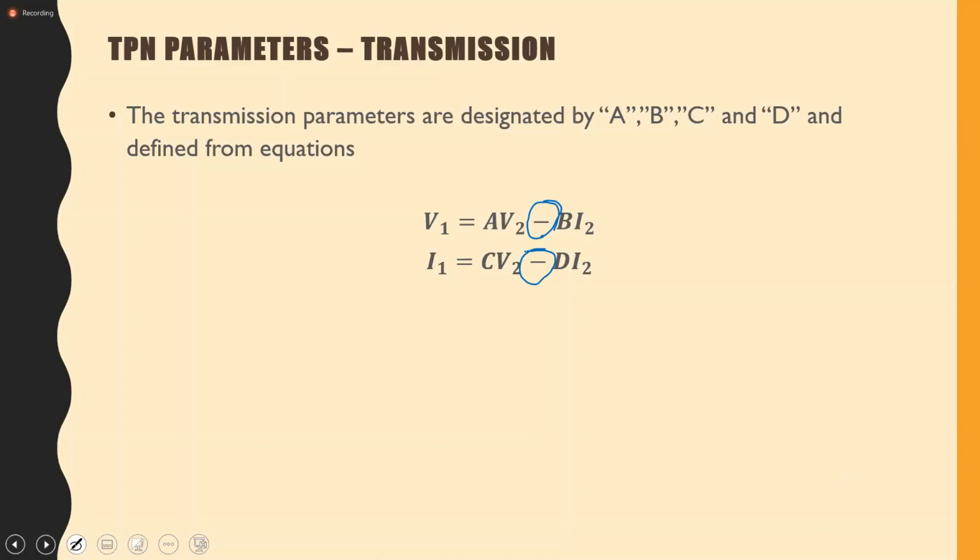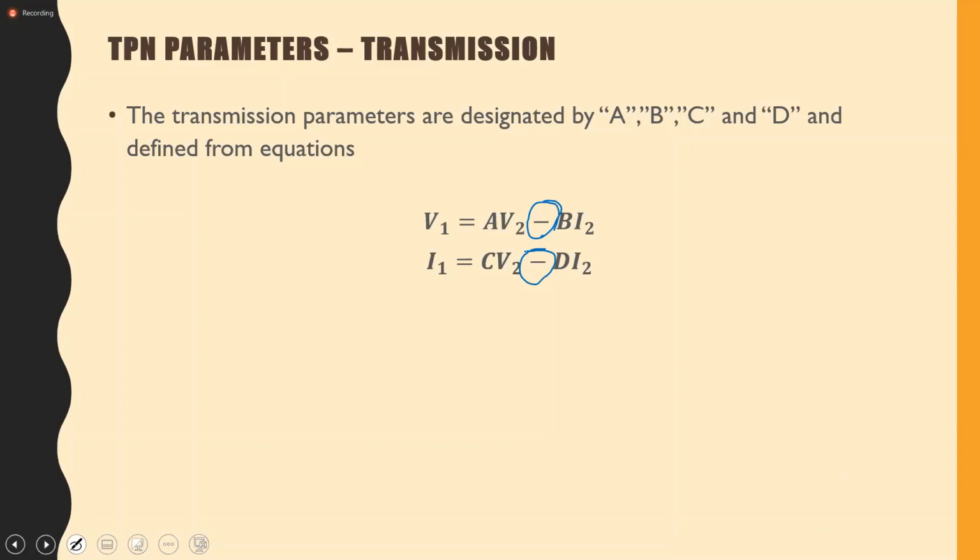The reason why you have the minus is because you're dealing with transmission, so it is expected that the current on the output side would be flowing out of the network. So I2 would be going in the opposite direction.